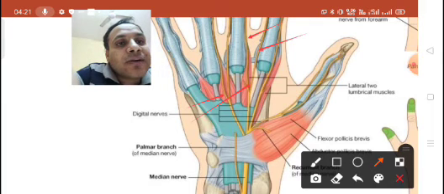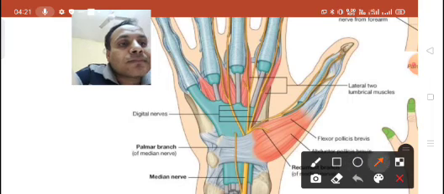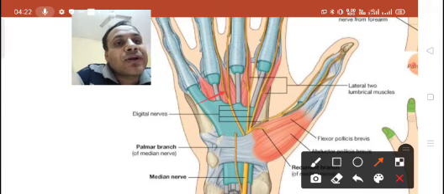Again, the second common digital branch divides into two proper digital branches. One supplies the medial side of the middle finger, and the other supplies the lateral side of the ring finger.